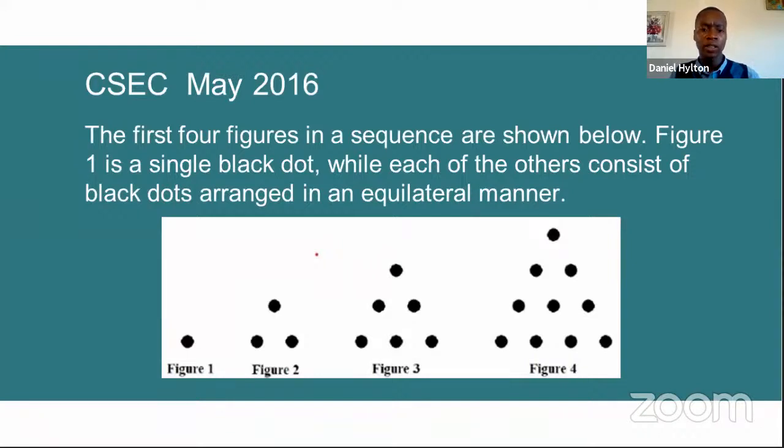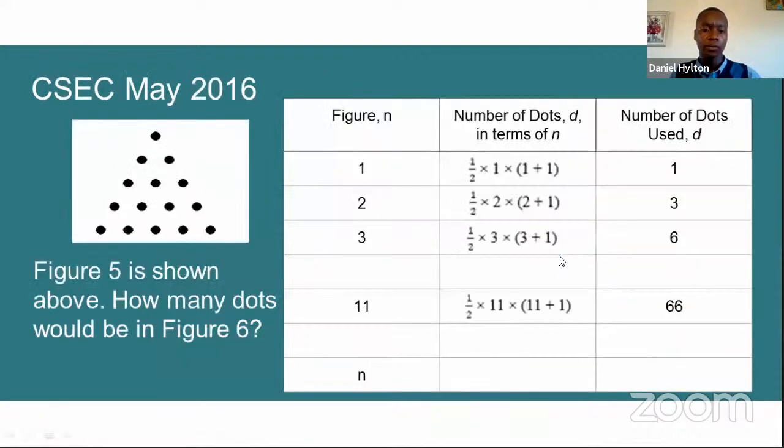All right, let's see what the question asks of us. So figure 5 is shown above. How many dots would be in figure 6? And we're given this table here also to analyze. So how many dots would be in figure 6? And what's happening here in this table?